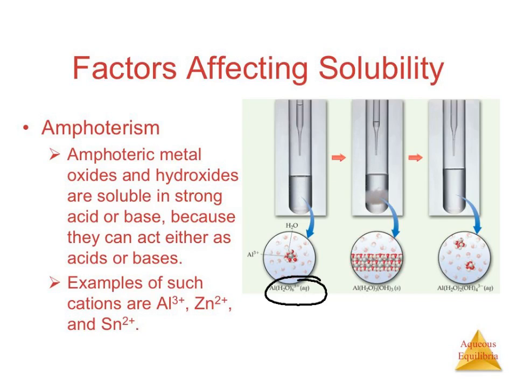But what can happen if you add base to that? Initially it can form this complex ion right here, where instead of having 6 water molecules surrounding it, now it's got 3 water molecules and 3 OH minus, because OH minus can be a ligand just like water can.